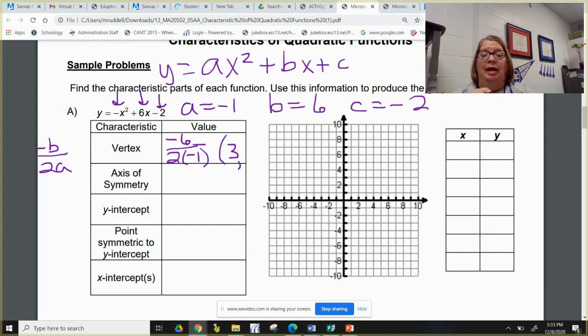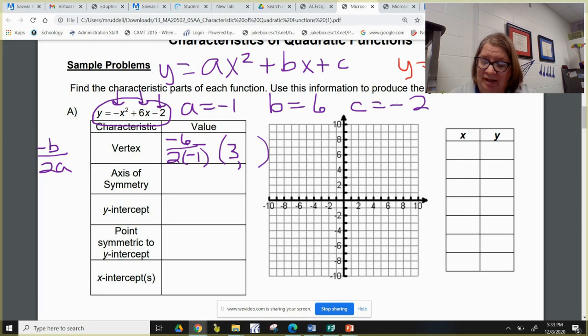Now, how do we find the other part of our vertex? We're going to take that 3 and plug it into this equation. I'm going to come over here and do y equals -3 squared plus 6 times 3 minus 2. So 3 squared is 9.